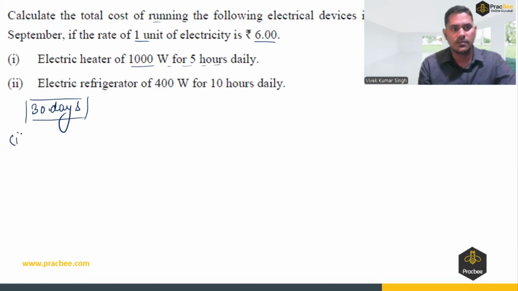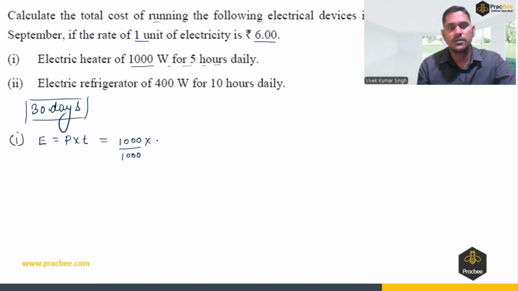If we calculate the energy for the first one, energy is equal to power multiplied by time. The power is 1000 watt and the time is 5 hours daily. To convert watt into kilowatt, we have to divide by 1000.